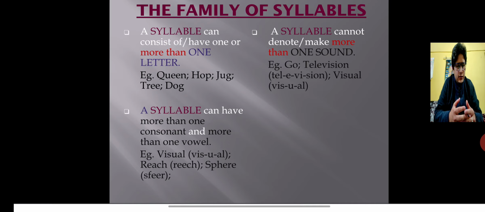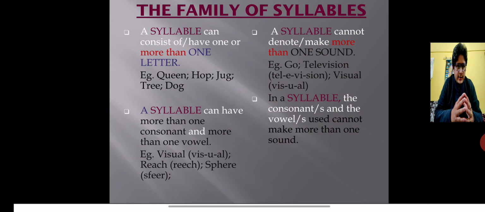How many E's do you see? Do I pronounce this letter E here? "Tele". Somewhere it sounds like two, but it's just one. So television. That's how you do it. Visual has been done for you earlier as well. Visual. All right.